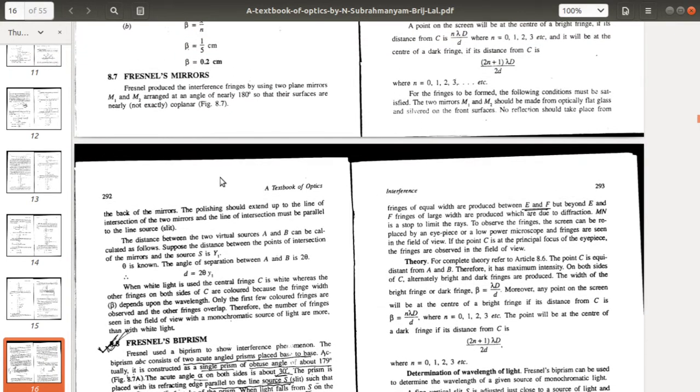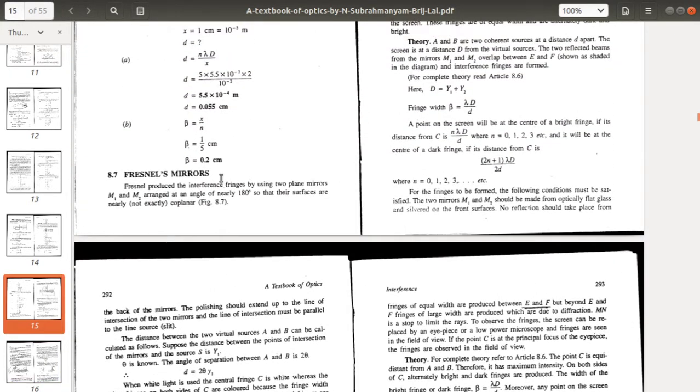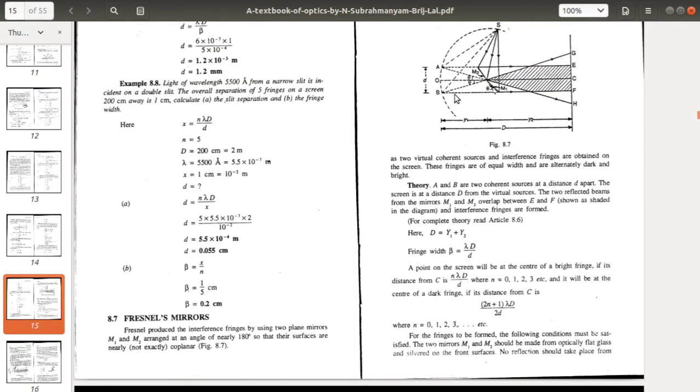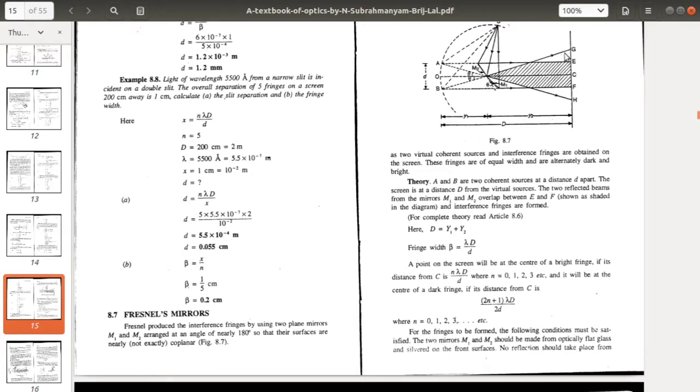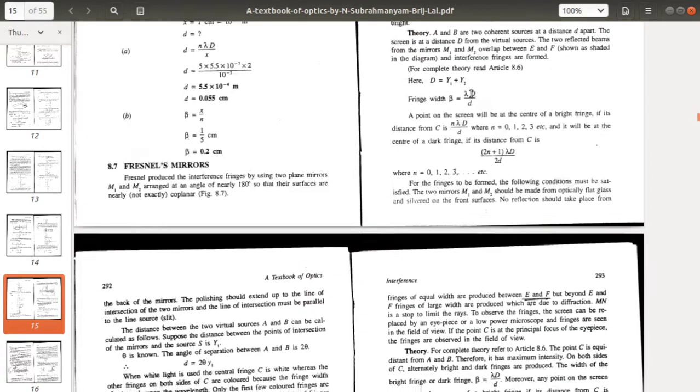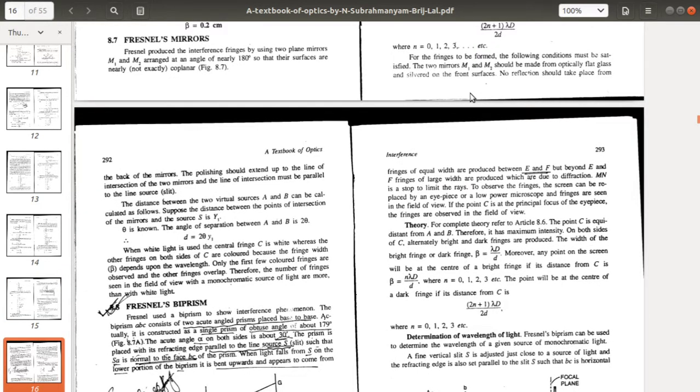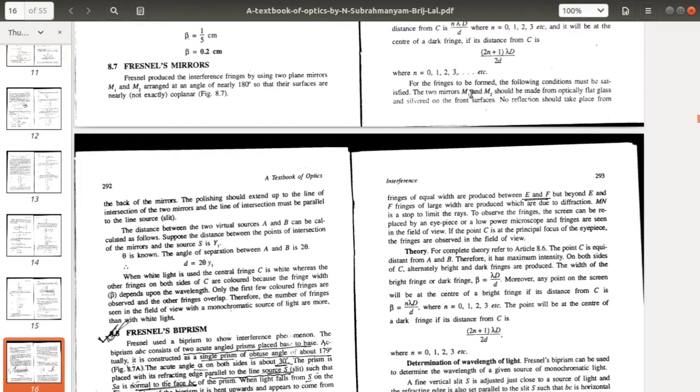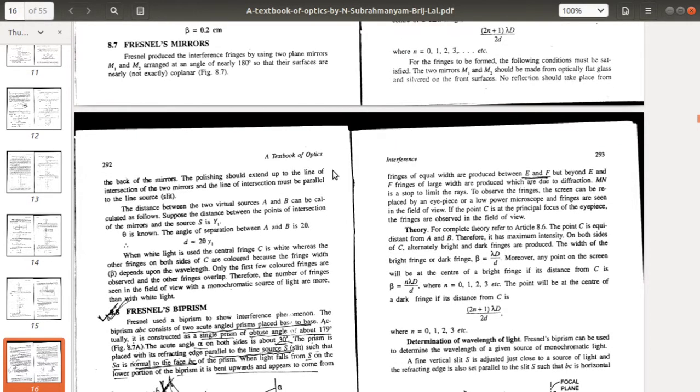That is, the polishing of the mirrors should extend to the point of intersection, that is the point of contact of these two mirrors, and the line of intersection must be parallel to the line of the source, that is the slit. If these conditions are satisfied perfectly, we will get a fringe pattern on the screen.